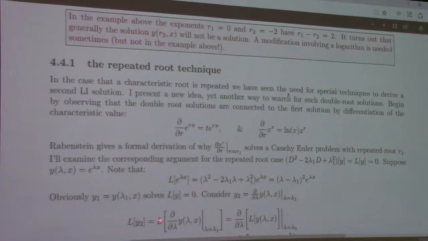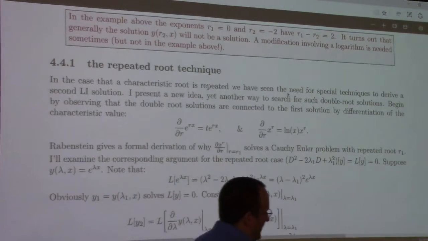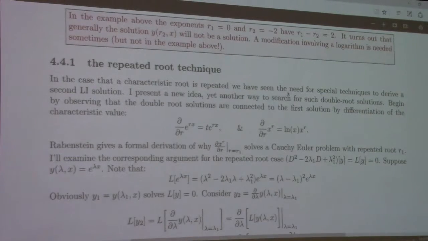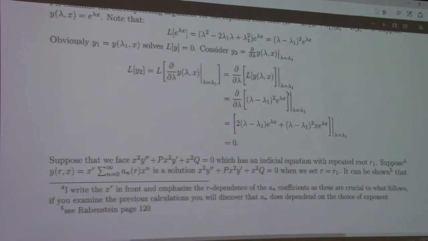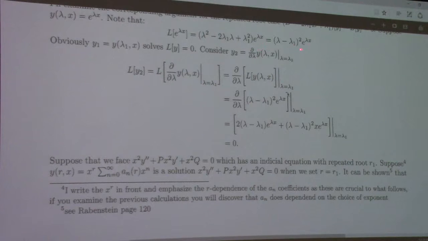But if I commute the order of the differentiation and the partial differentiation, if I make that switcheroo, then that's partial lambda of this guy, which is (lambda minus lambda 1) squared e to lambda x, right?